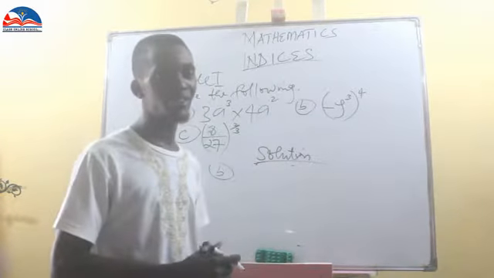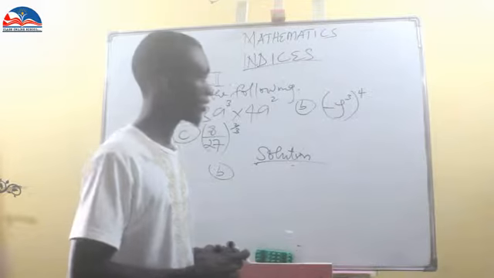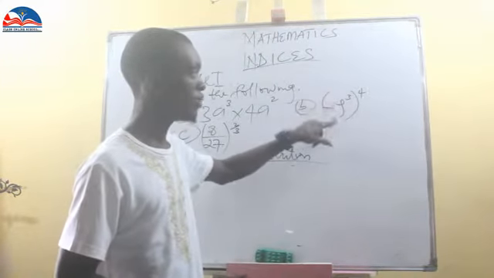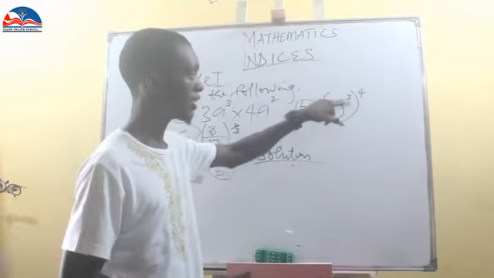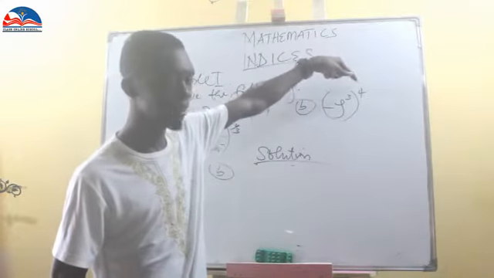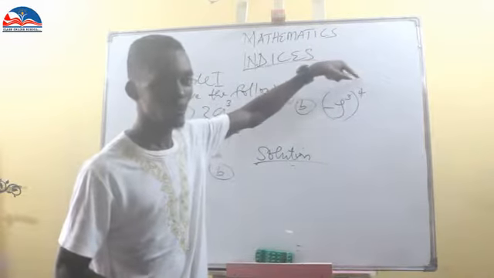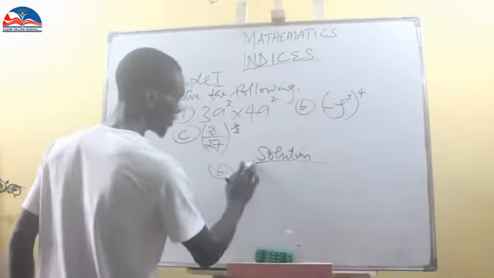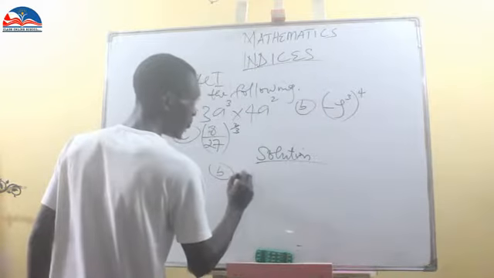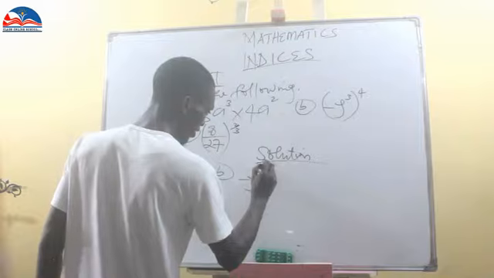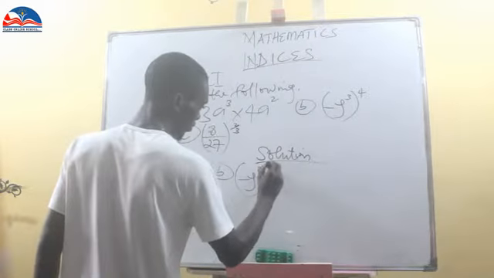That's that if a base is indexed in a bracket and indexed outside the bracket, the two indices are multiplied. So we have minus y index 3, all index 4.